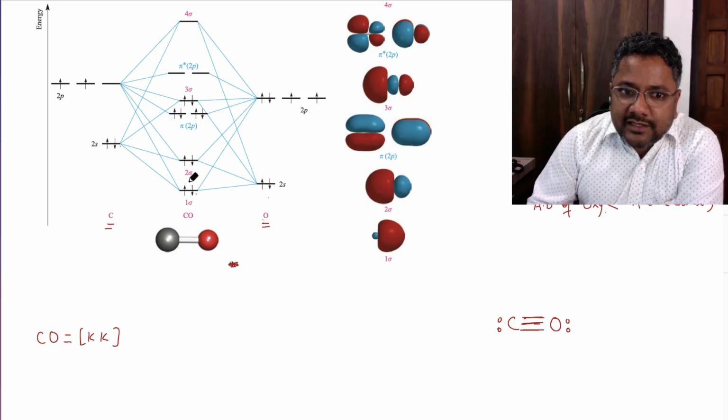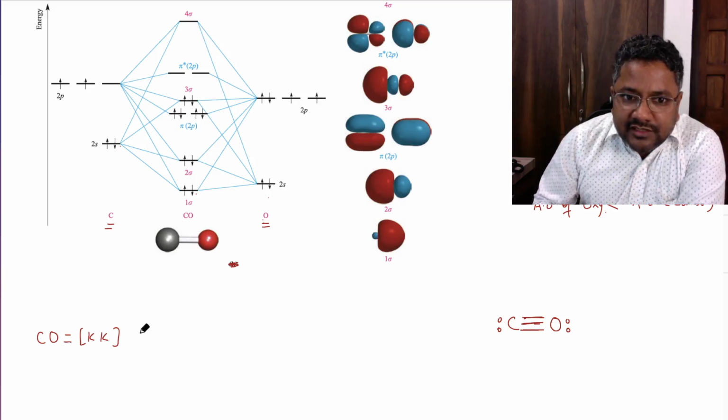Now pi 2px, so how to write this? Sigma 2s2, sigma star 2s2.